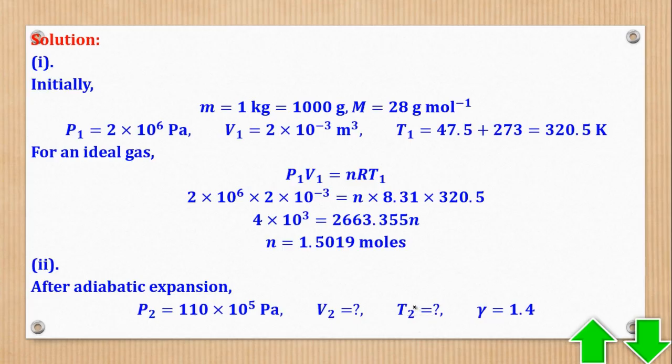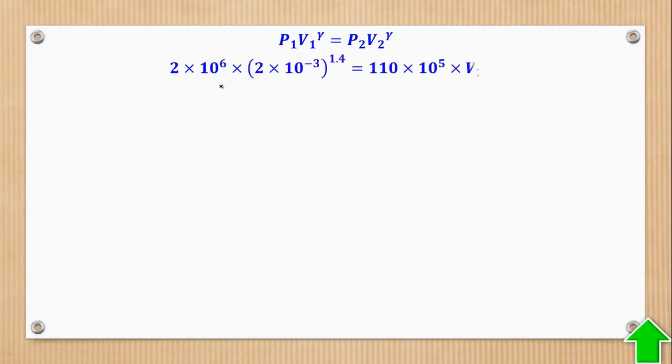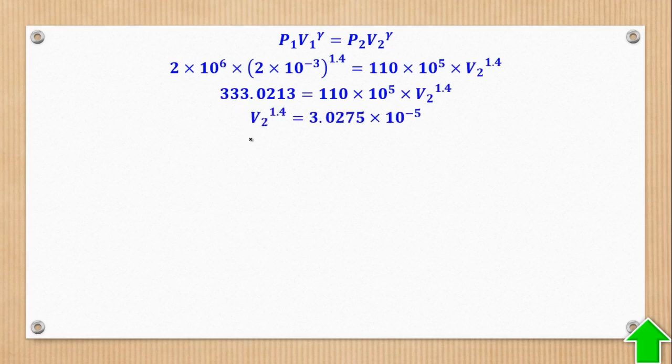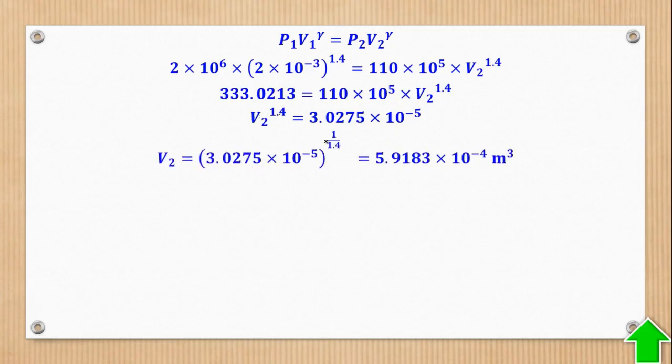So we shall come and code, first of all, if I want to get V2, I'll code the formula for P and V, then substitute, and then look for ways of making V2 the subject. So here it means that I'll take this power the other side. That's why we see a 1 over 1.4. It is a law of indices. So we'll come up with this as the volume.